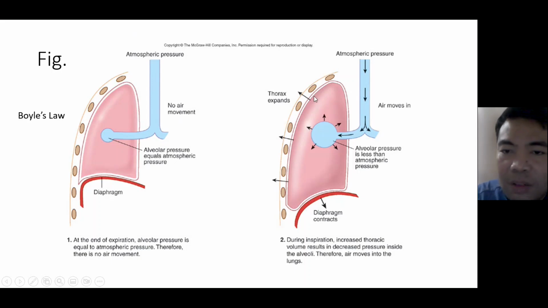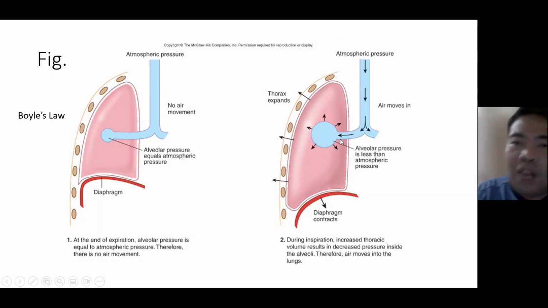So therefore, by Boyle's law, when the thoracic volume increases, the alveolar pressure decreases during inspiration. If it decreases, it becomes lower than the atmospheric pressure. So therefore, air will move from outside to inside.